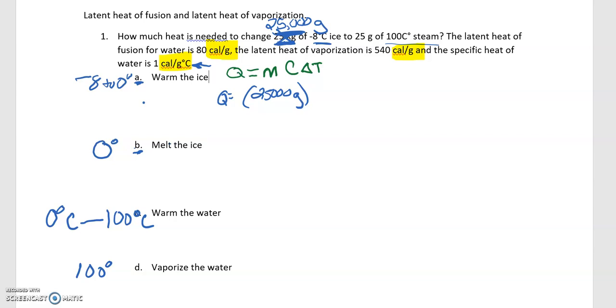So we just have to use the specific heat of water, which is 1 calorie per gram degree Celsius. Okay, and then our delta T here, that's the change in temperature. So we have to go from negative 8 degrees up to 0 degrees. So we're going to have a change in temperature of 8 degrees Celsius.